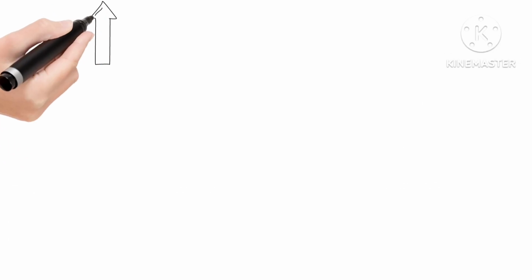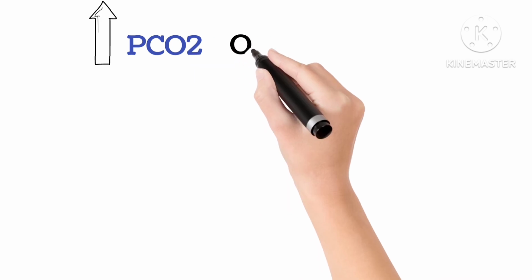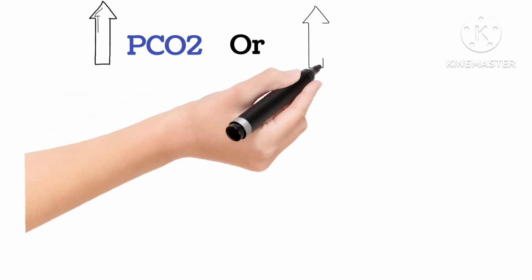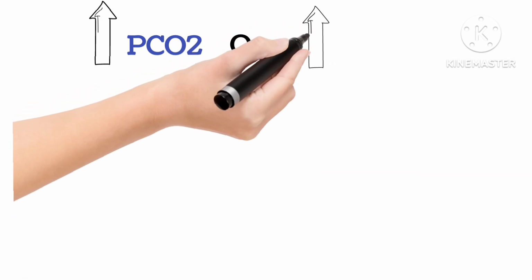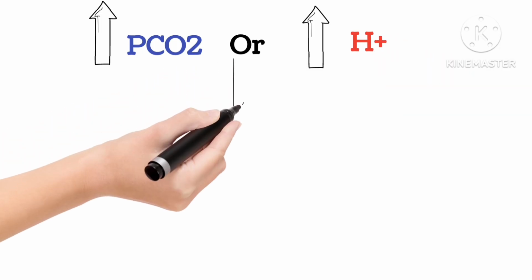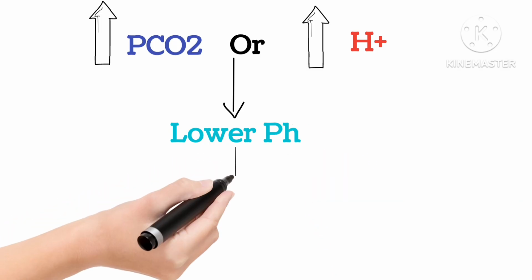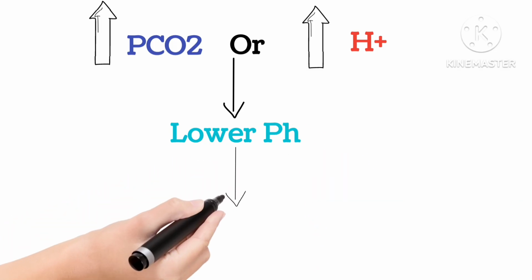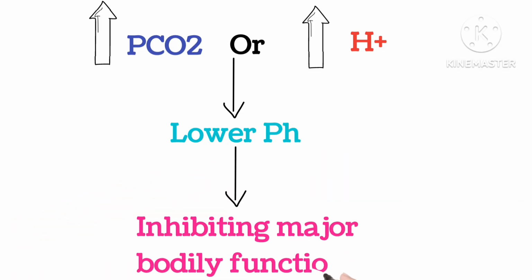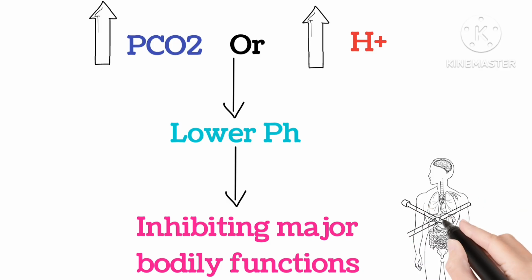So any condition that leads to a rise of carbon dioxide, called respiratory acidosis, or any condition that leads to a rise of hydrogen ion, called metabolic acidosis, will lower the pH, and this lowering of pH will have major detrimental effects on body function if not adequately regulated and controlled.